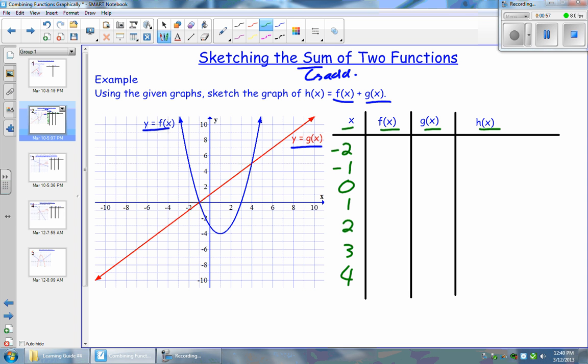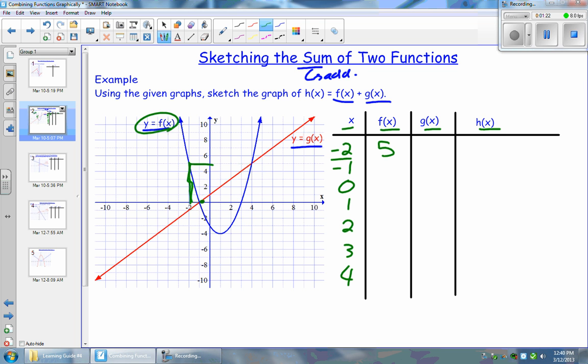The first graph we're going to read off points off of is f of x. So f of x is right here. It looks like some sort of parabola. We're going to start with the value x is equal to -2. If I draw a vertical line up to the graph, you can tell that at x is equal to -2, my corresponding y value is going to be 5. Let's keep going here.